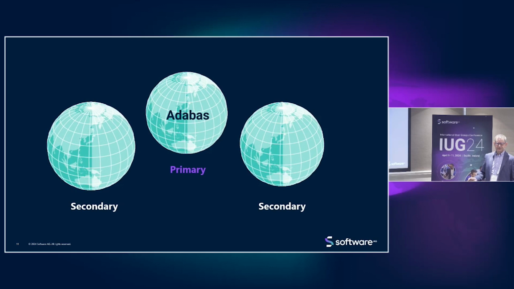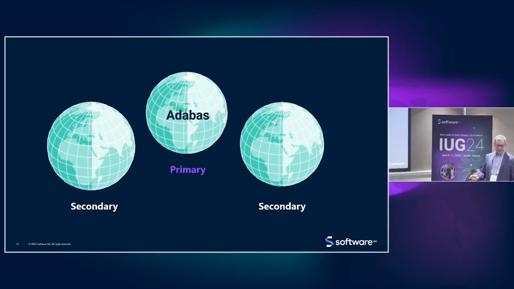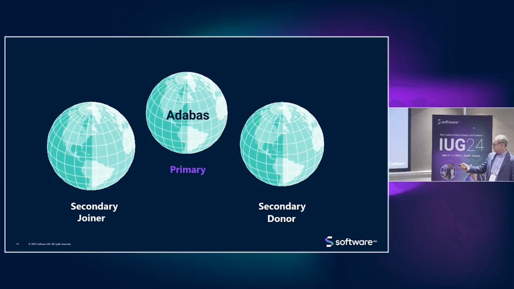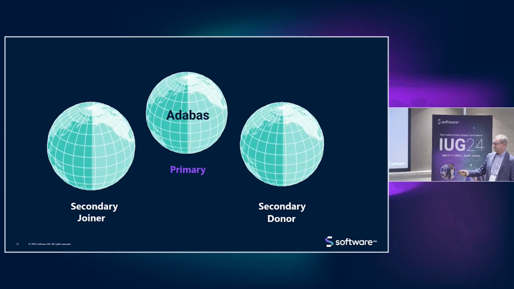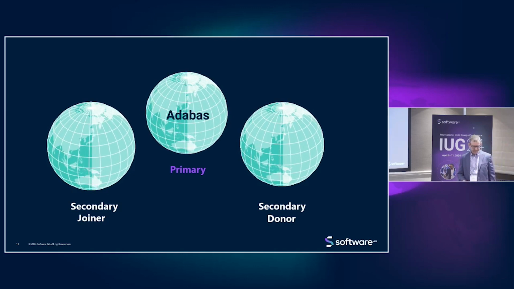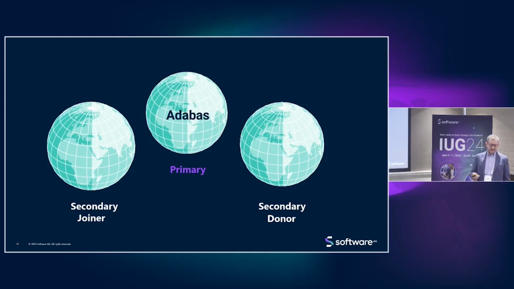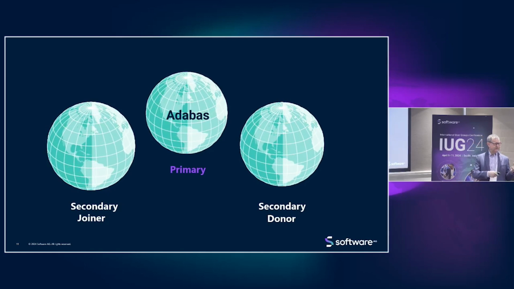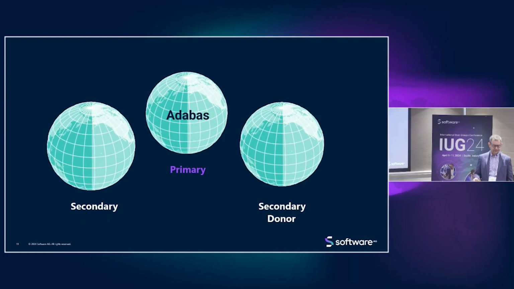When that's all synced, the next secondary that comes up also becomes a joiner, and one of the other secondaries can be the donor in order not to slow down the primary. So the donor node is the one that executes an ADABCK full backup and sends it to the joiner. That's how we synchronize between the nodes.